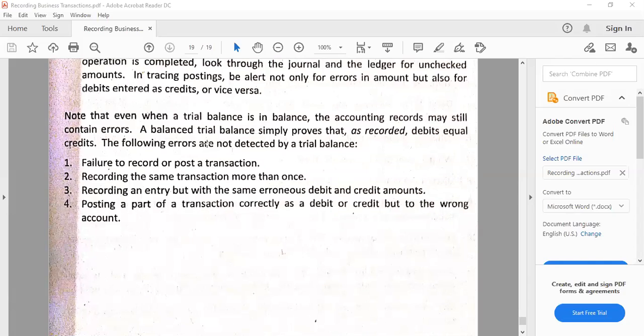Now, note that even when a trial balance is in balance again, it doesn't mean that the records do not contain any errors. So a balanced trial balance simply proves that as recorded, debits equal credits. I like this point. As recorded, meaning if we recorded the transactions as that and we follow the process, then we will be able to get the balanced trial balance.